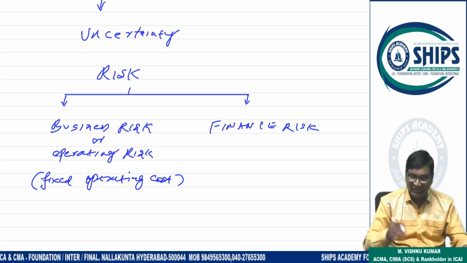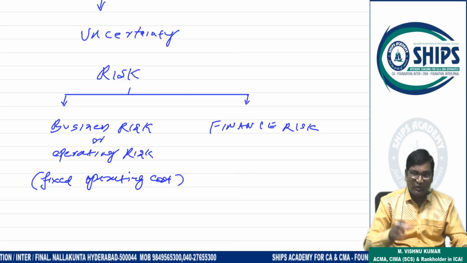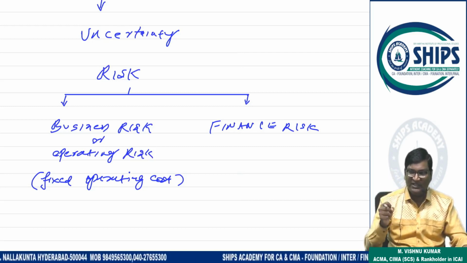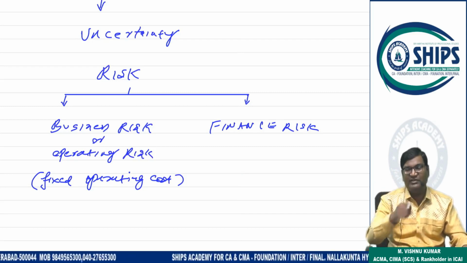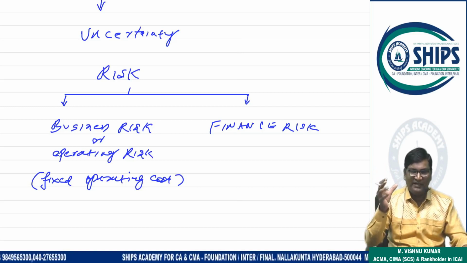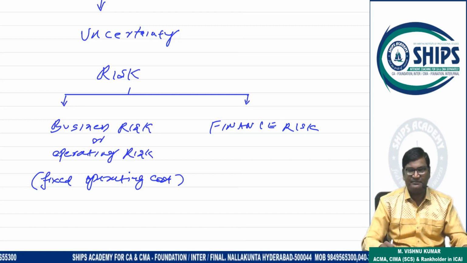So to calculate the operating risk of the business, we will use the operating leverage tool. By calculating operating leverage, we understand what the operating risk of the business is: whether it is higher, lower, or moderate.